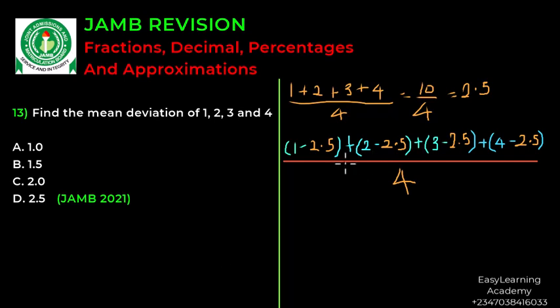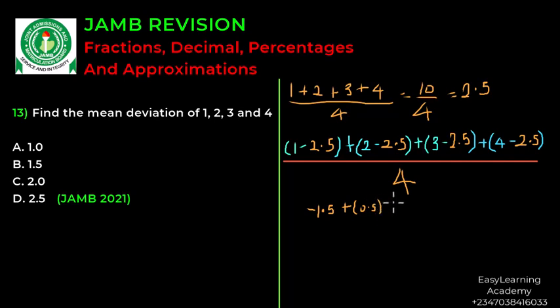Looking at this, 1 minus 2.5 is going to give us minus 1.5. Then we bring down our plus sign. Then look at this: 2 minus 2.5 is going to give us minus 0.5, so let's put that in brackets.